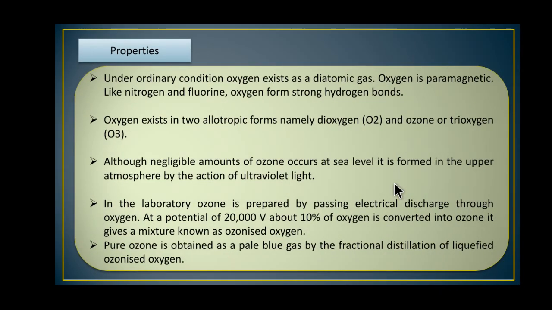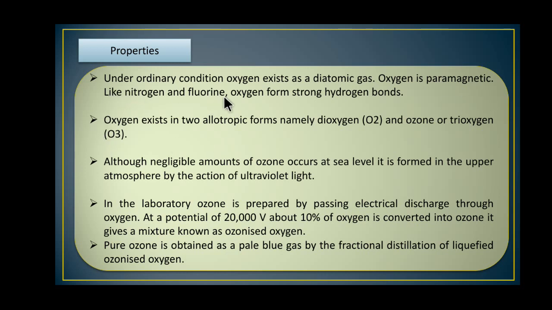And next, the properties of oxygen. Under ordinary conditions, oxygen exists as a diatomic gas. Oxygen is paramagnetic. What is paramagnetic? The presence of unpaired electrons is considered paramagnetic.